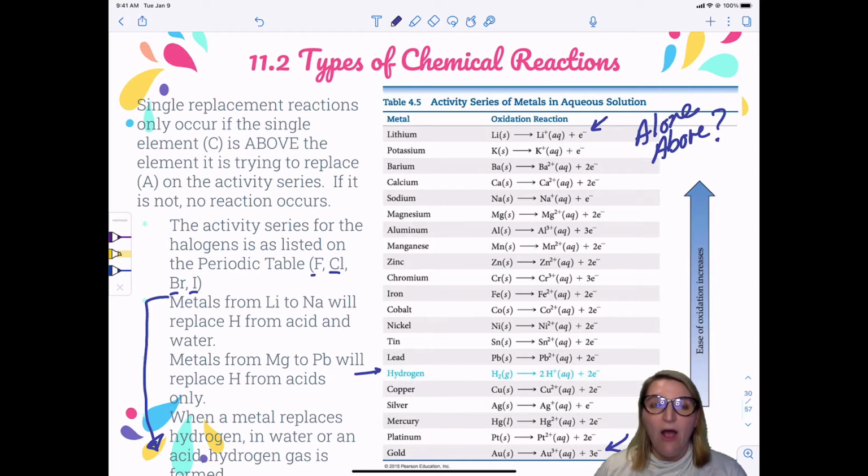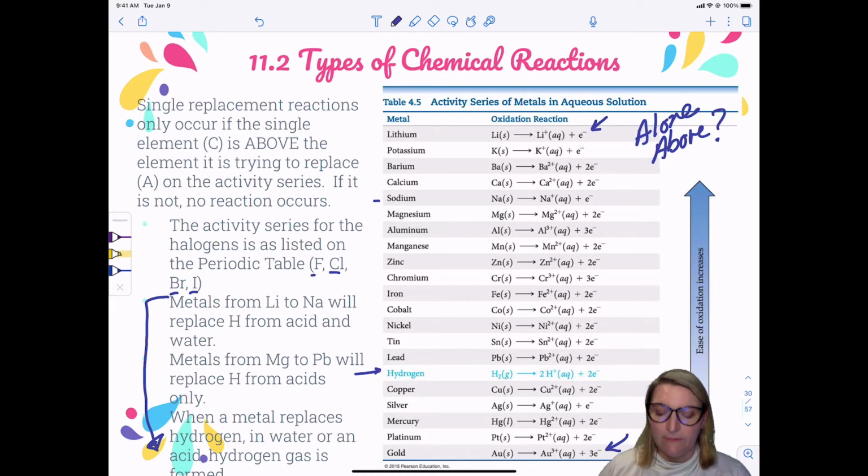So it doesn't matter what hydrogen is in. If it's hydrogen from acid or hydrogen in water, it will react. But then after sodium, from sodium on down, the hydrogen has to be part of an acid in order to react. And when metals replace hydrogen, remember it forms elemental hydrogen gas, H2.